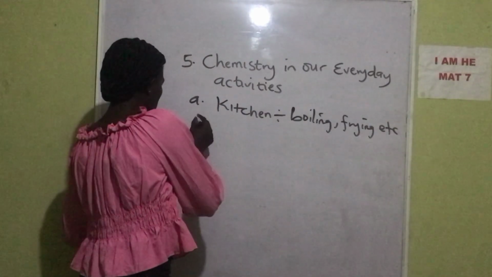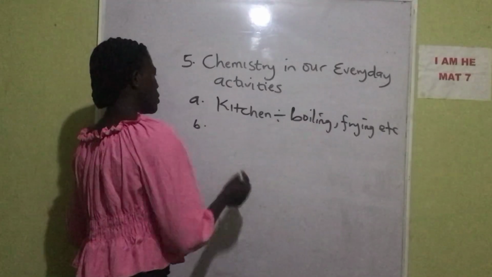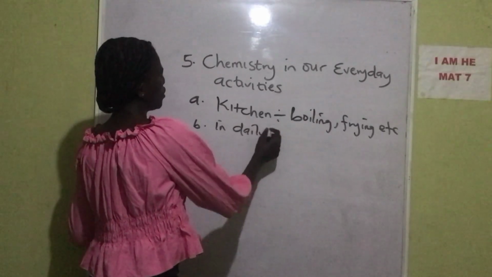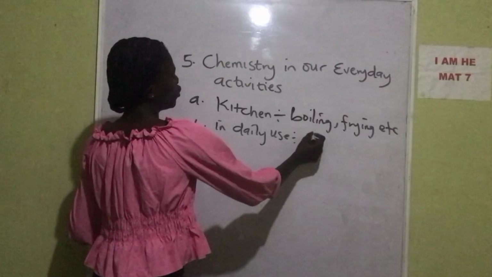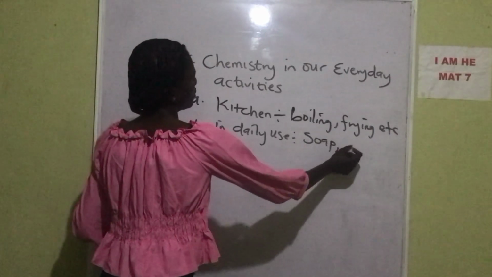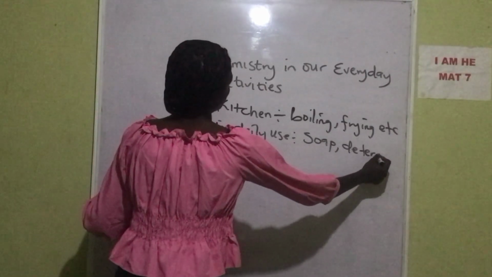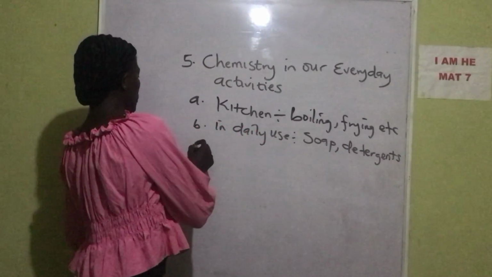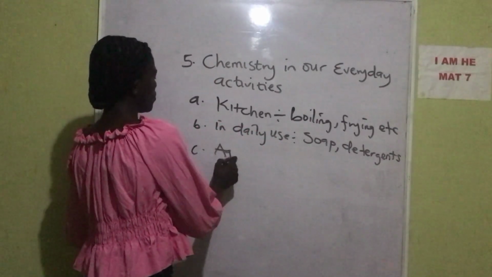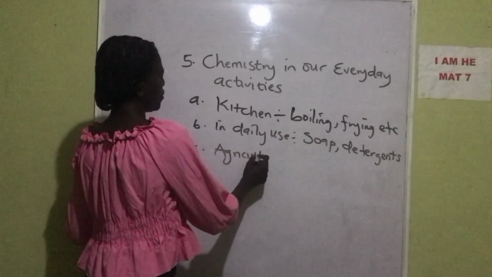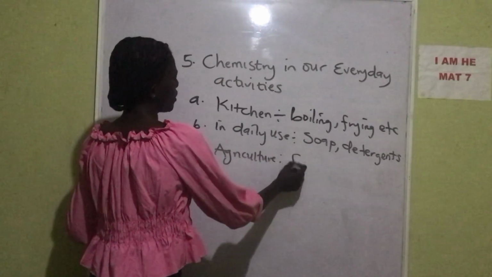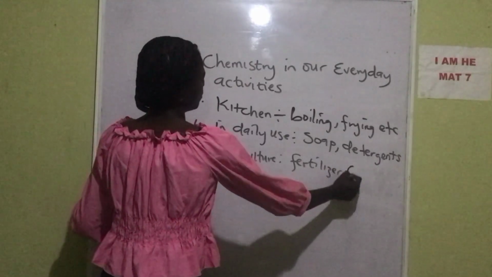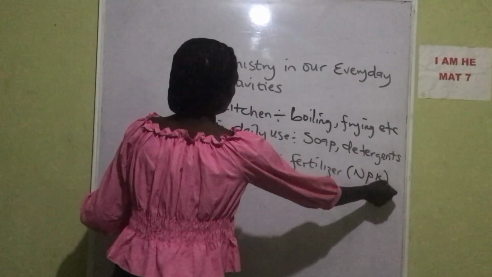You can see it in our daily use. For instance, the soap we use, detergents. We see chemistry in place as well. You can see that too in agriculture, your fertilizer, for instance NPK fertilizers.